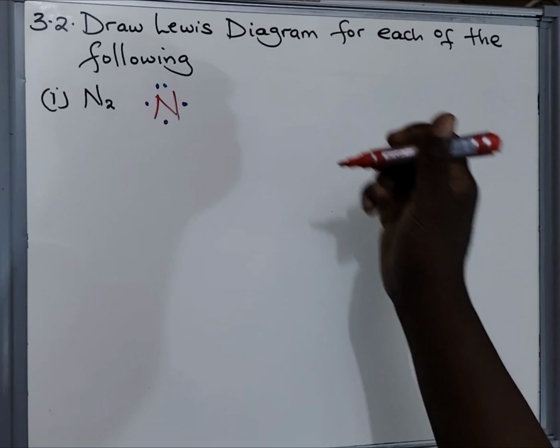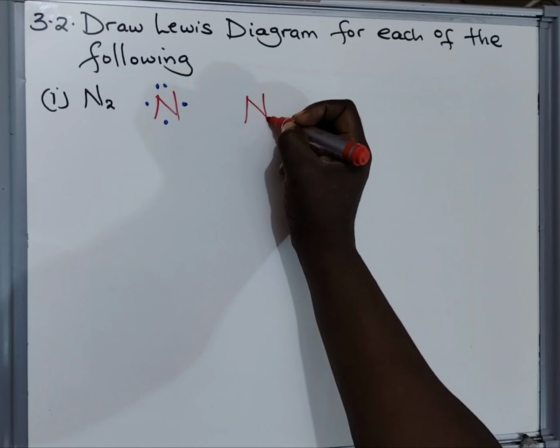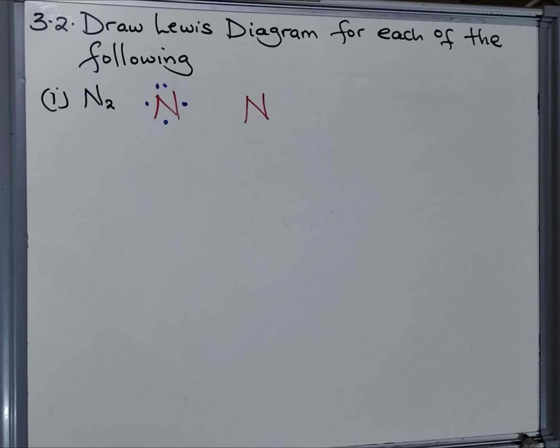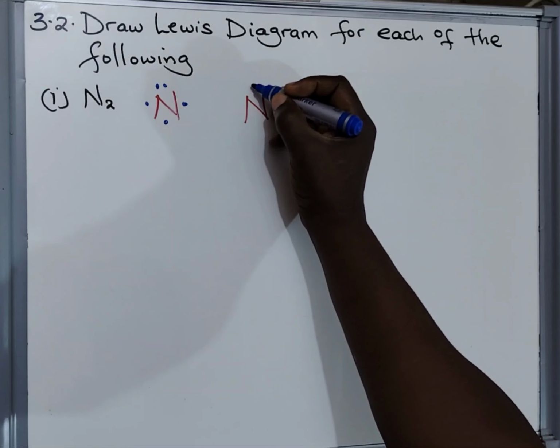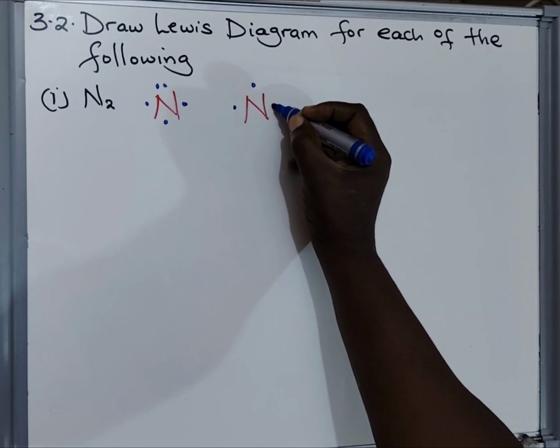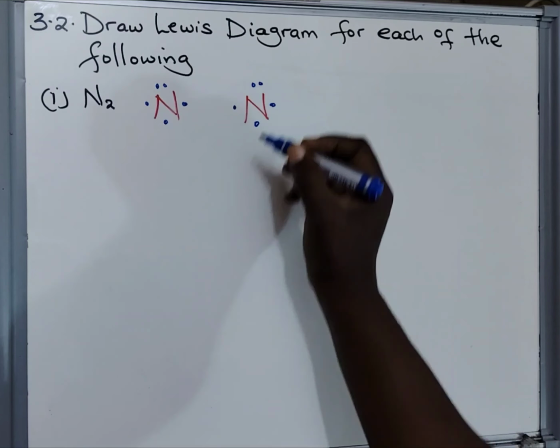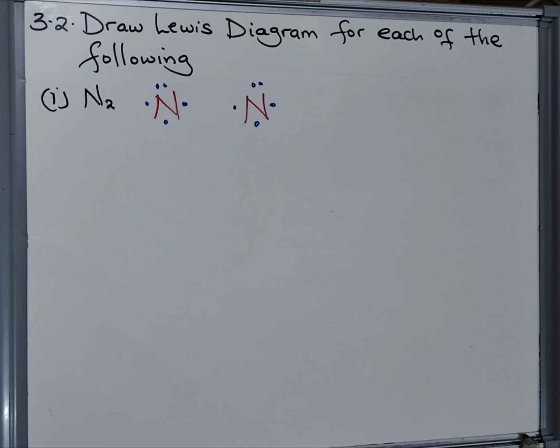Okay, suppose you have another one of the same kind, having the same distribution, which is 1, 2, 3, 4, 5. Then what is going to happen?